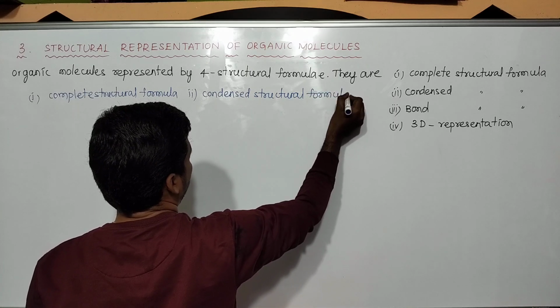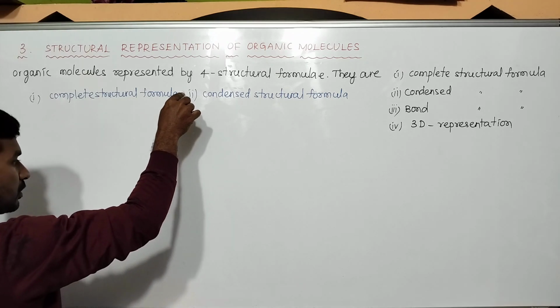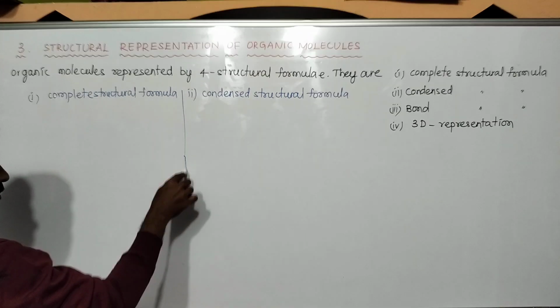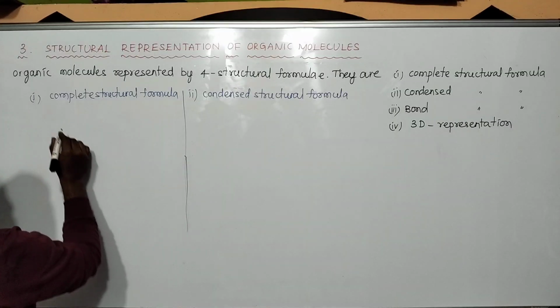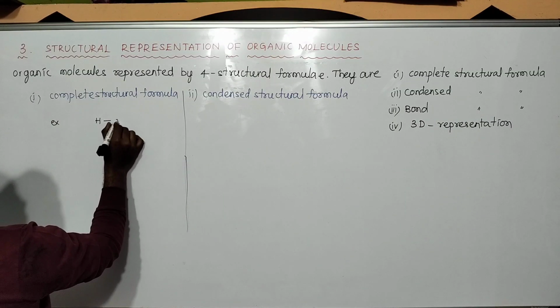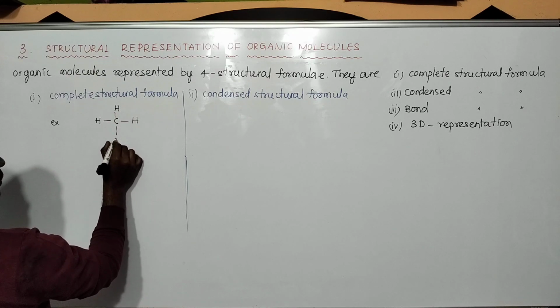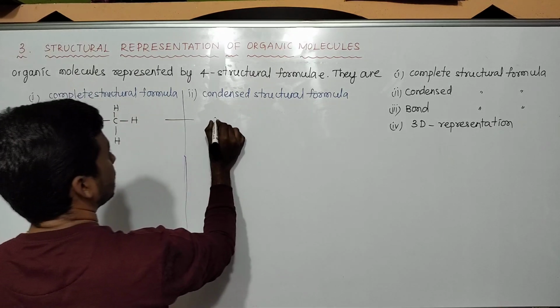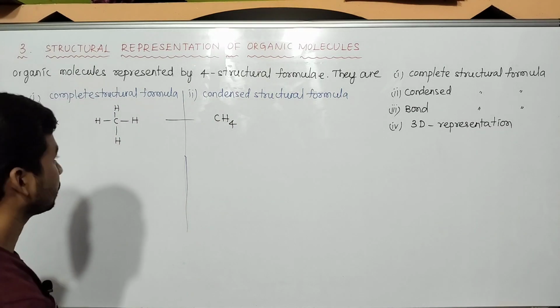These two are comparative, so let's look at examples. Methane is CH4. For the condensed formula, it is just CH4. No need to write the carbon-hydrogen bonds.